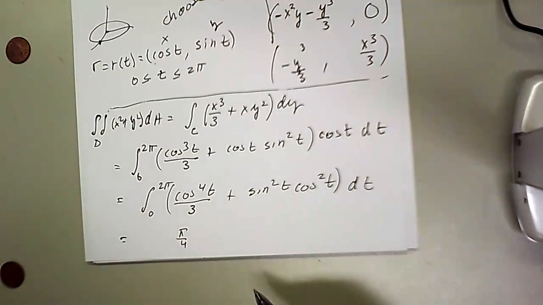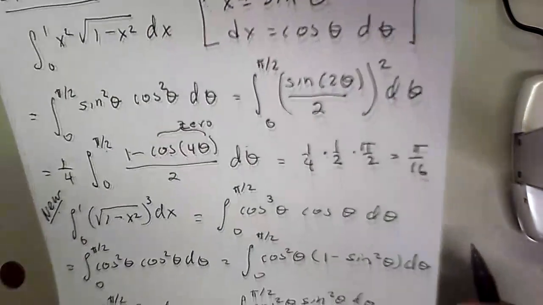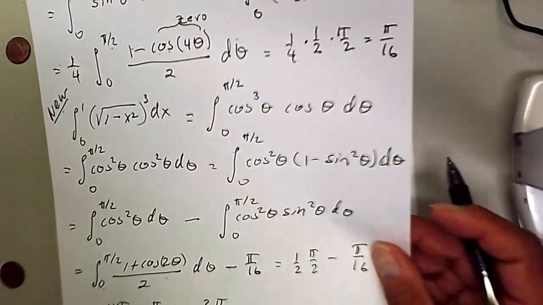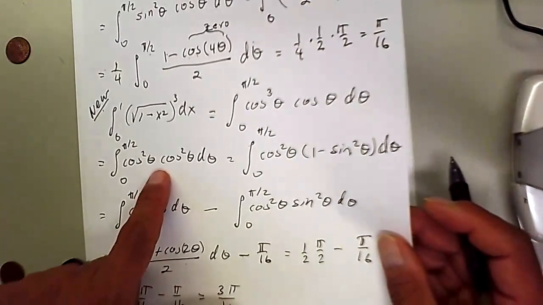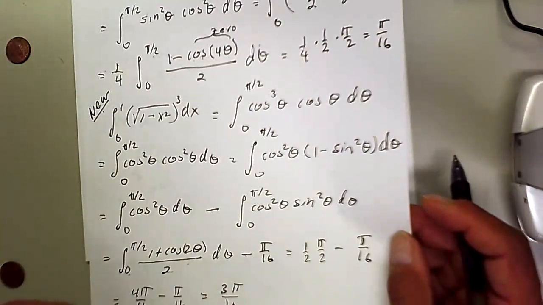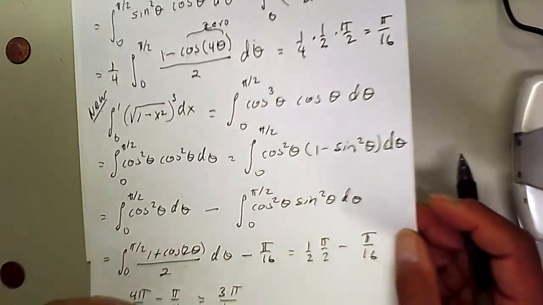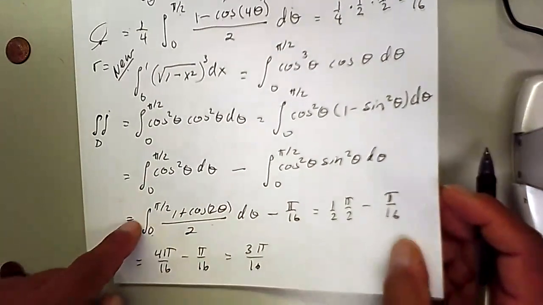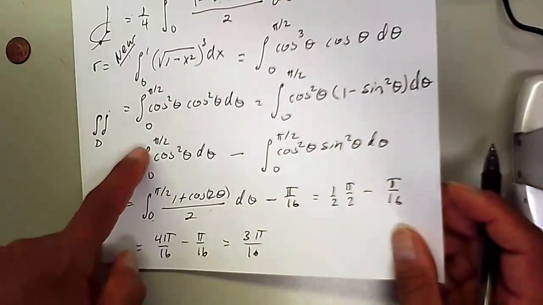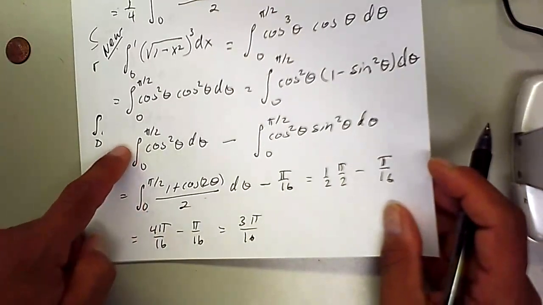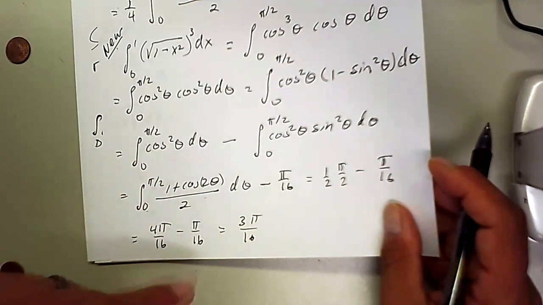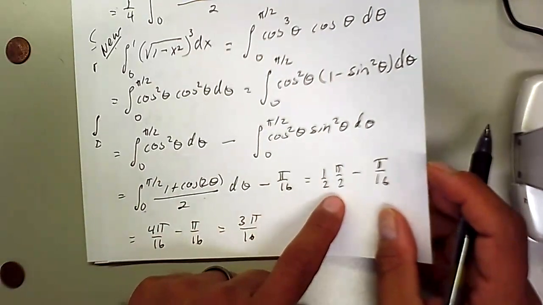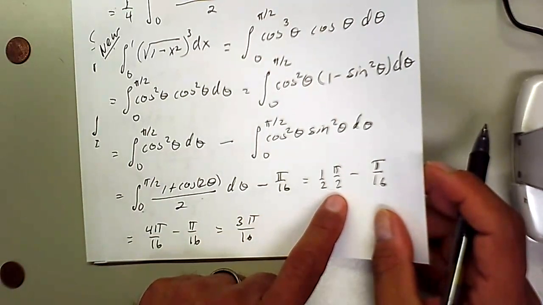The first one also looks familiar. It was here, cosine to the 4. Cosine to the 4 is this. Boy, we have to make some adjustments to that. If we carry things over, and we've got to be careful, if we trace this, we will end up with pi over 4.